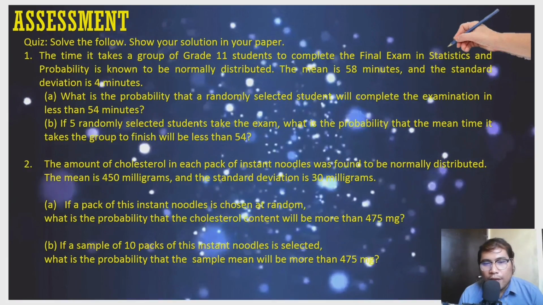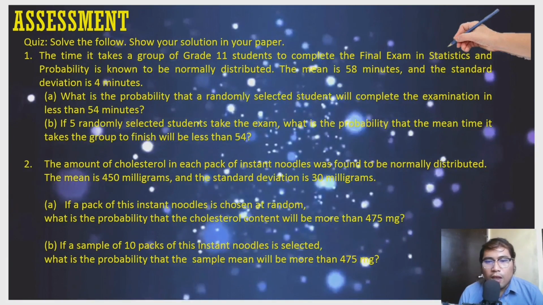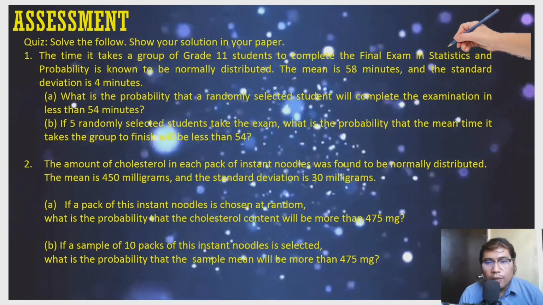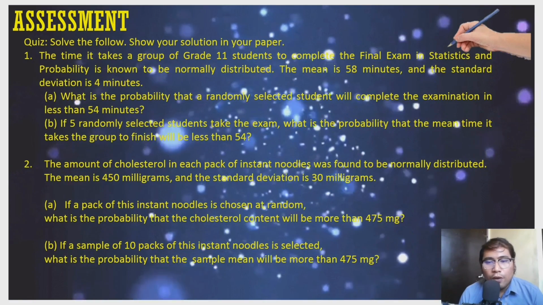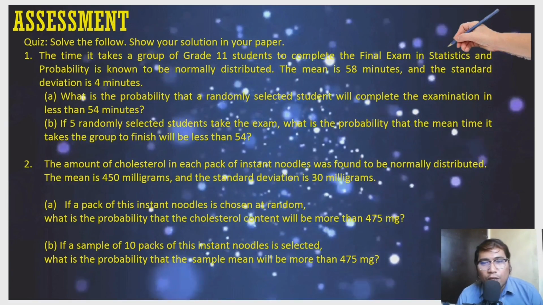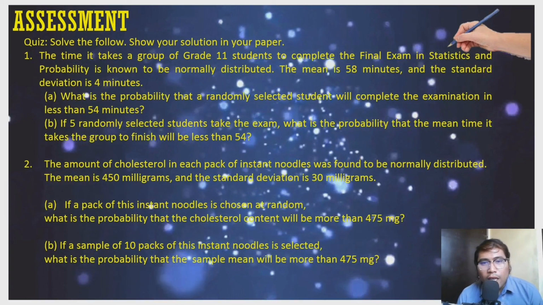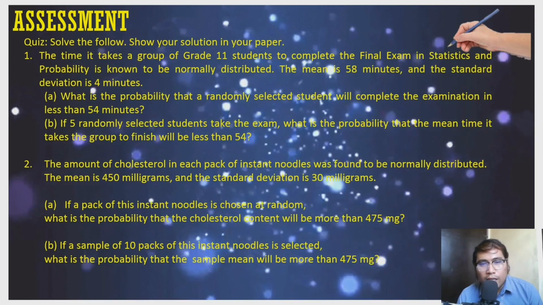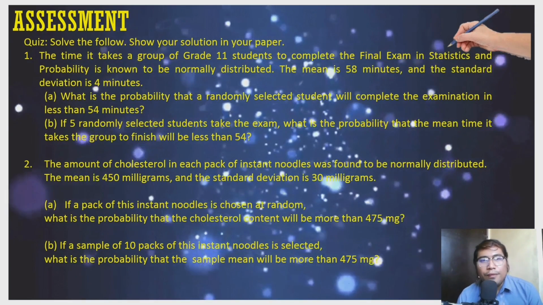Letter B, if a sample of 10 packs of these instant noodles is selected, what is the probability that the sample mean will be more than 475 milligrams? You may pause this video for you to have time solving and calculating for the probability using the central limit theorem.